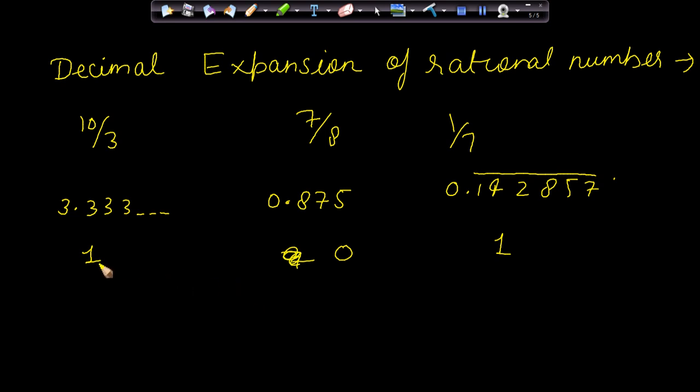If you keep on dividing, in this case this remainder will reoccur after a few divisions. Here also this will reoccur after a few divisions, but in this case finally the remainder will become 0. So when you divide, there are two cases, right? When you get the decimal expansion of a rational number, there are two cases with the remainders when you keep on dividing.